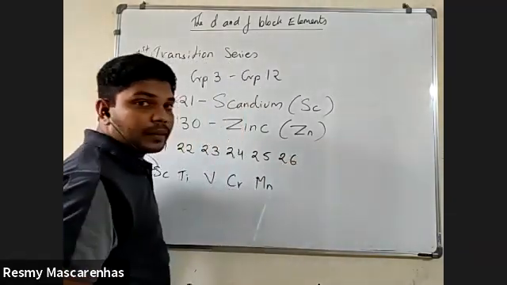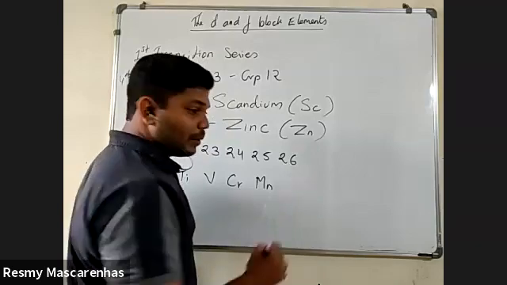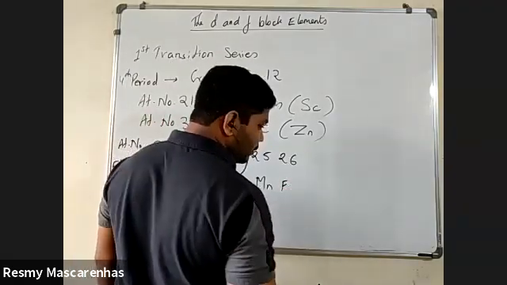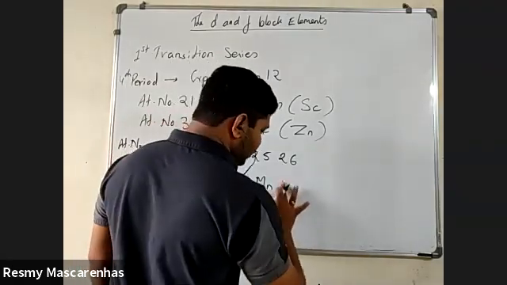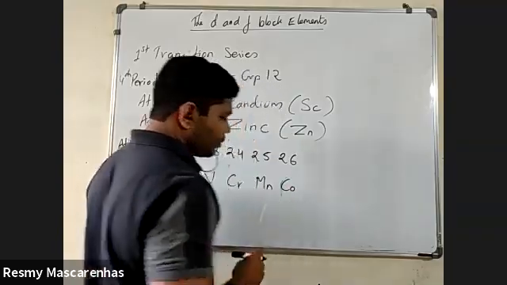Atomic number 26, which element? Iron, Fe. Very good.